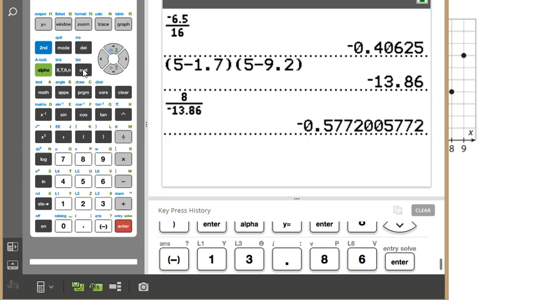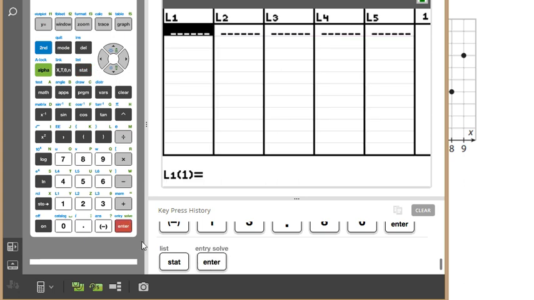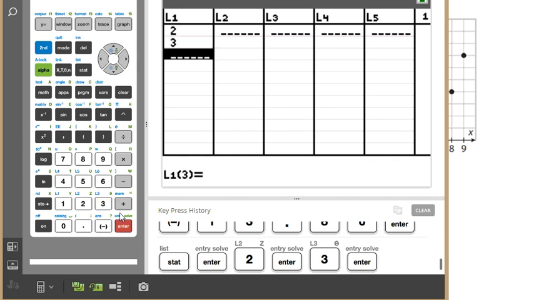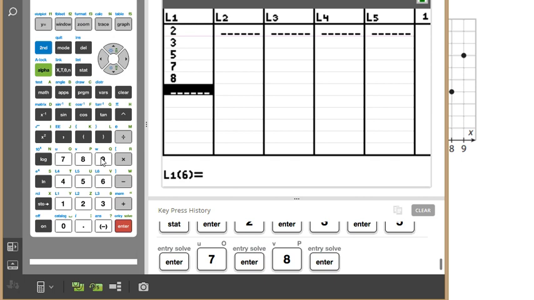We go to Stat, Edit, and we're going to put in our x values, and those are going to be 2, 3, 5, 7, 8, 9, and then we go to the other column.